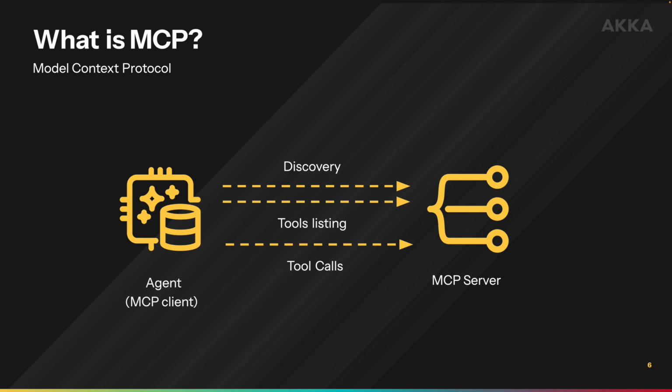The LLM can then decide to ask the agentic framework to call one or more tools provided by the MCP server. Each of those tool calls happens over MCP as well, and then the return text goes back to the LLM.